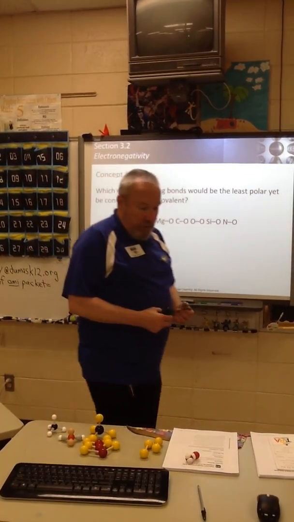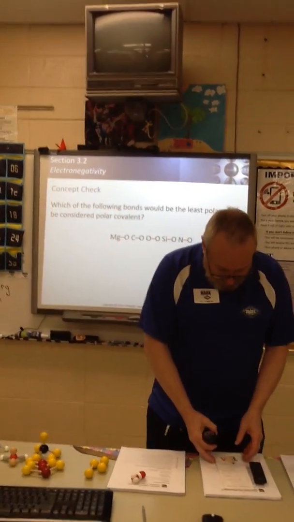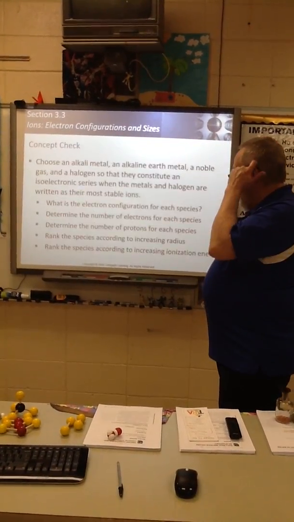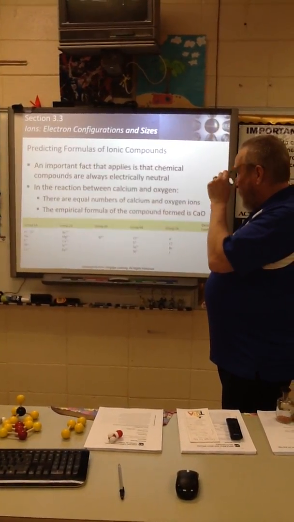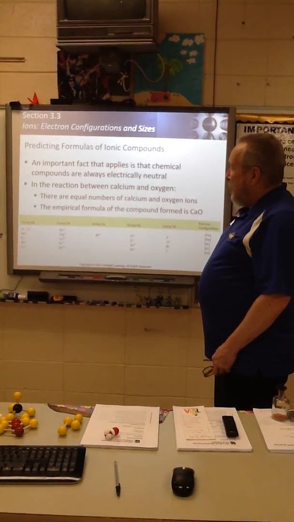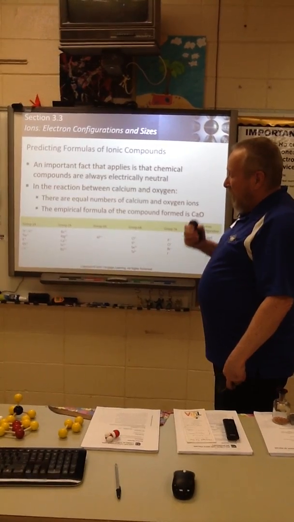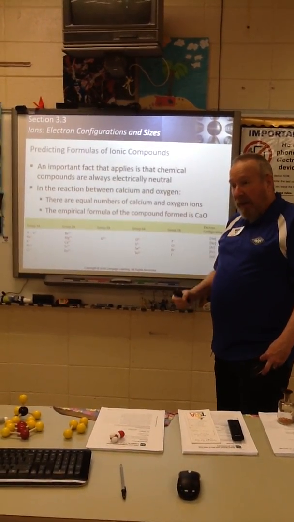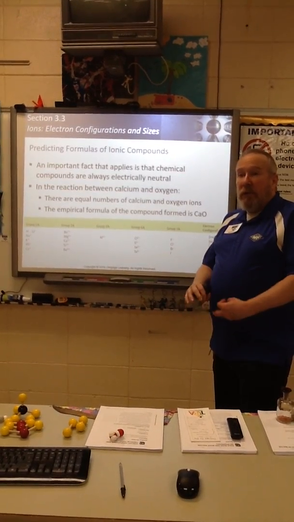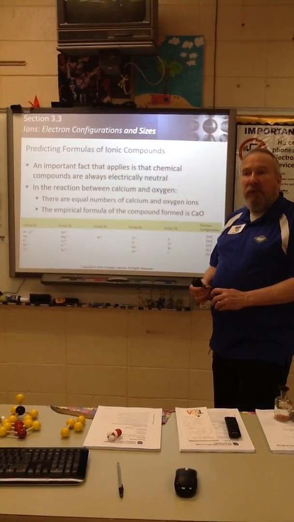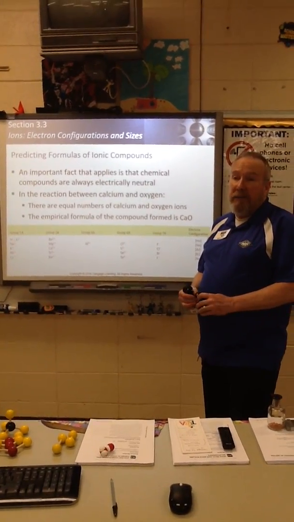The other things I wanted to talk about and didn't get a chance to demonstrate are the types of bonds that we come across. And I wanted to talk about, when we talk about ionic bonds, two things that will become important when we name them, and that is, you need to know the charges on the individual ions. And it's very simple for the group A elements.